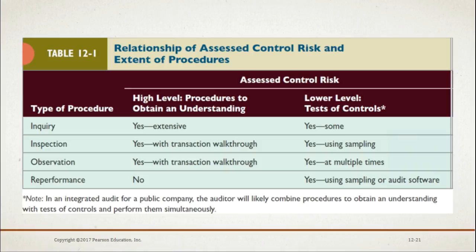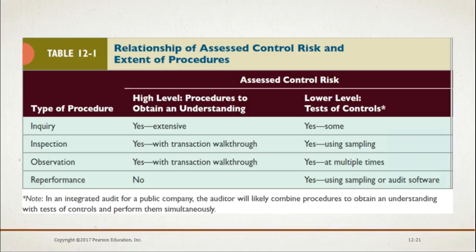Table 12-1 in here illustrates the relationship of assessed control risk and the extent of procedures performed by the auditor. One option is to perform the audit procedures separately, where minimum procedures to obtain an understanding of the design and operation of internal controls are performed, followed by additional tests of controls by the auditor.